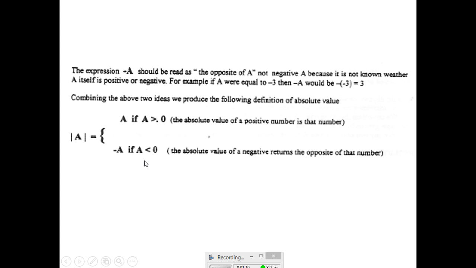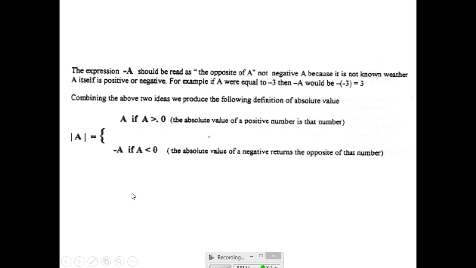On the other end, if A is less than 0, that is if A is a negative number, then the absolute value will give you the opposite of what you give it. So when you give this expression a negative 5, it spits back a positive 5. When you give it a negative 27, it spits back a positive 27.